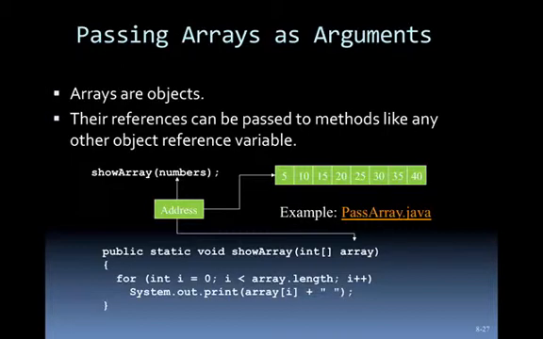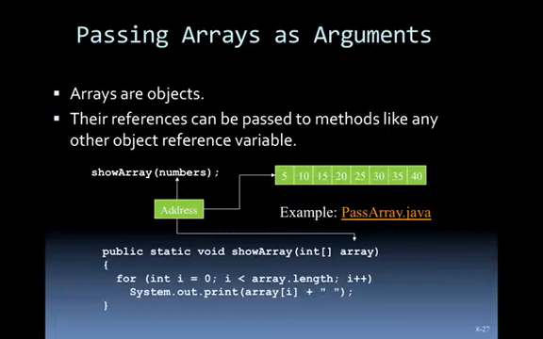If we decide that we're going to pass the entire array, we have to remember that arrays are objects, and that they are passed by reference, which means that the address of the original array location is what is transferred, not a copy.